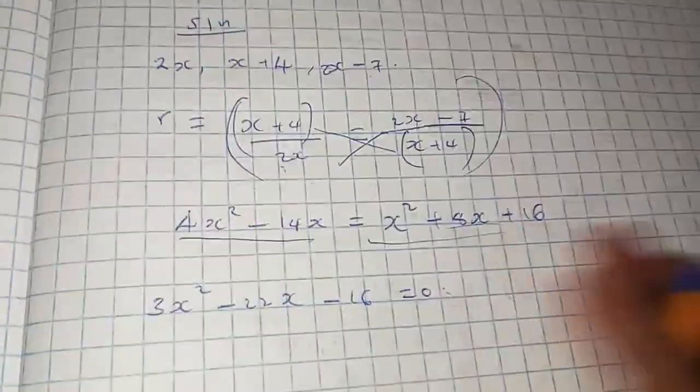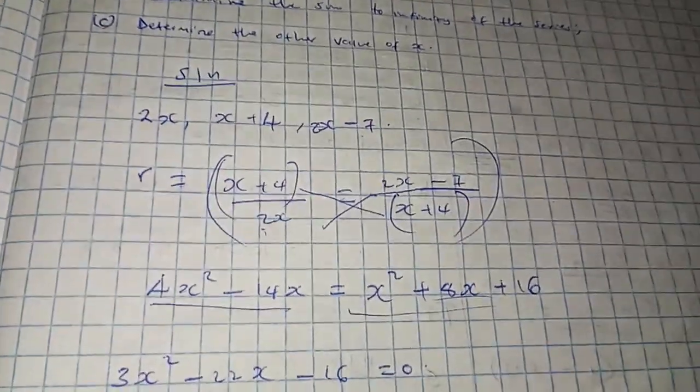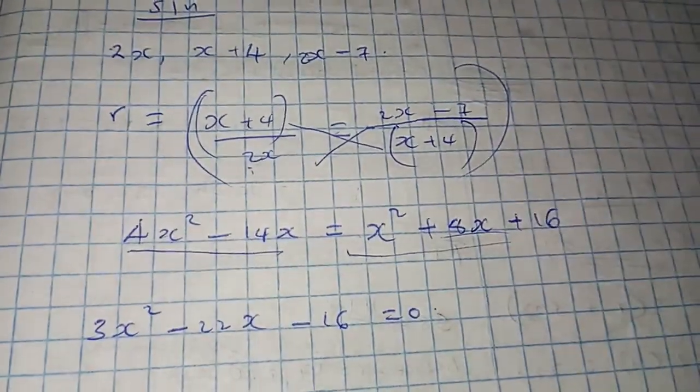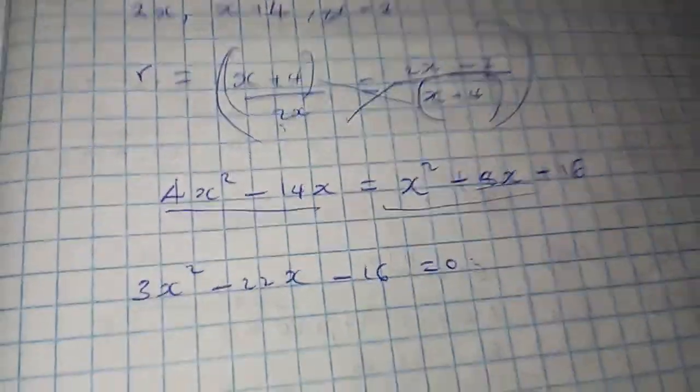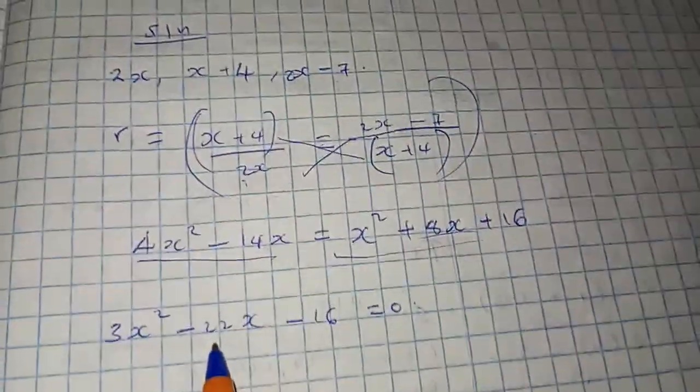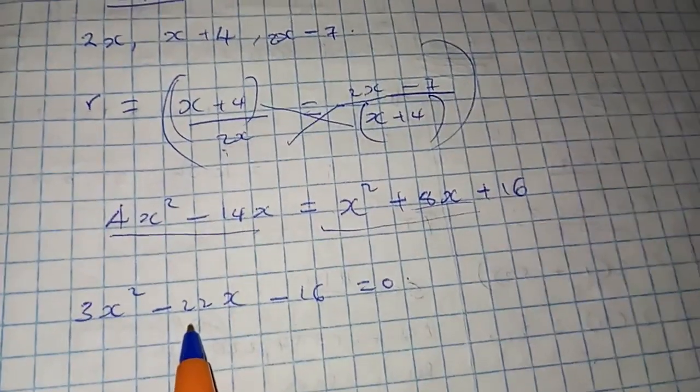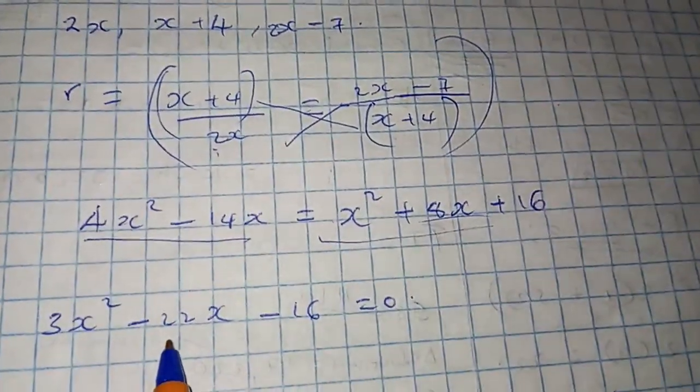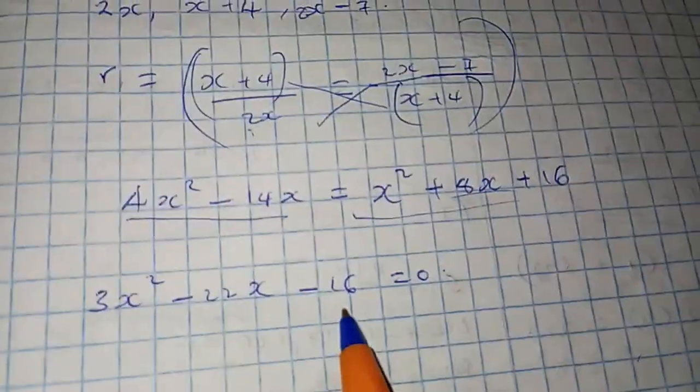We can use one of the methods to solve this quadratic equation. Completing the square method, if we divide by 3, this value will give us a number with huge decimals. So 16 is also not divisible by 3.